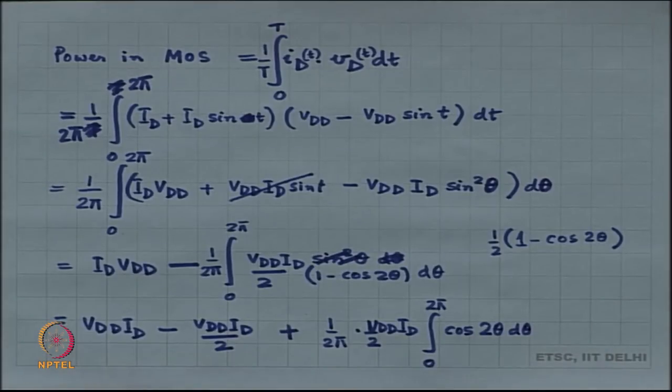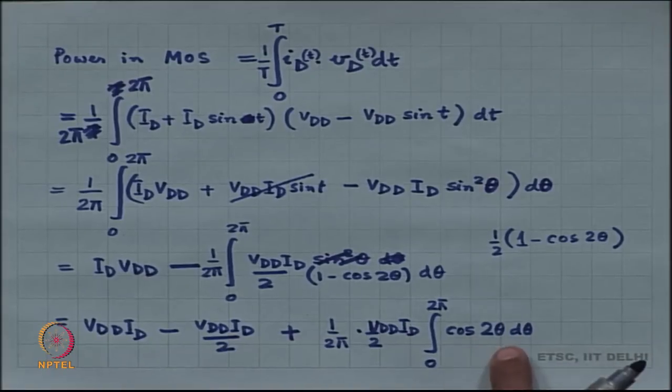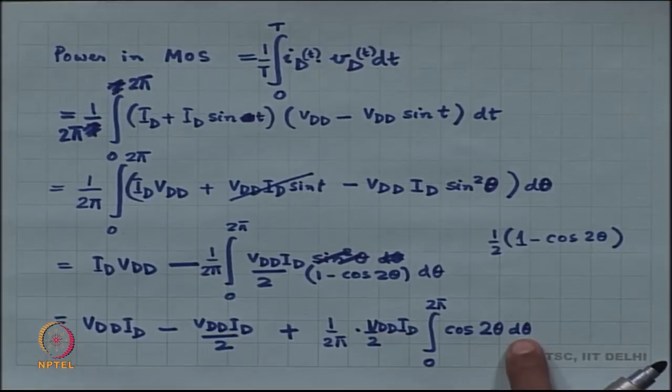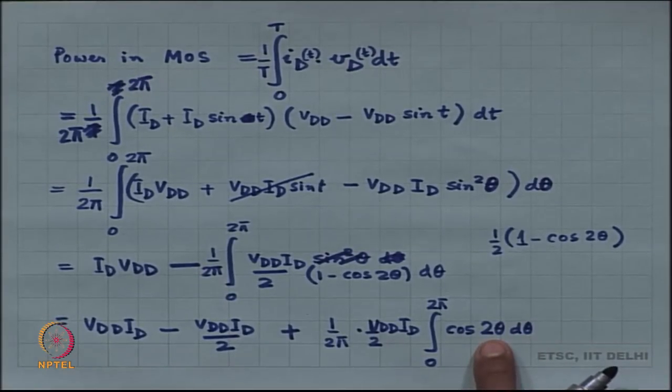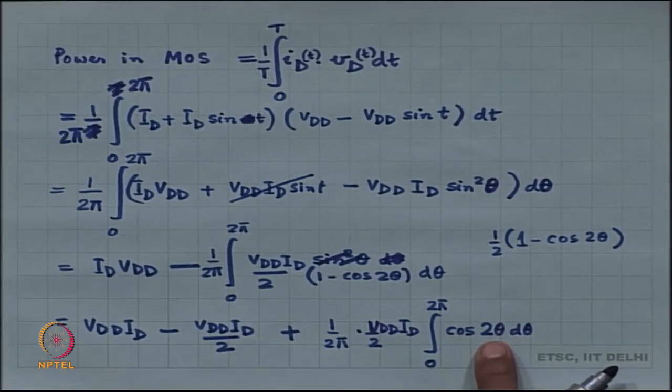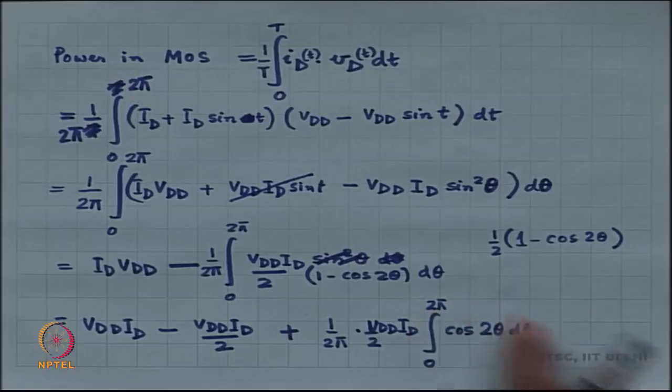Okay, I still have one more integral to do, the integral of cos 2 theta d theta. You can replace d theta with d 2 theta for example, or you can substitute 2 theta as alpha, this becomes pi in that case, and you get a half outside.